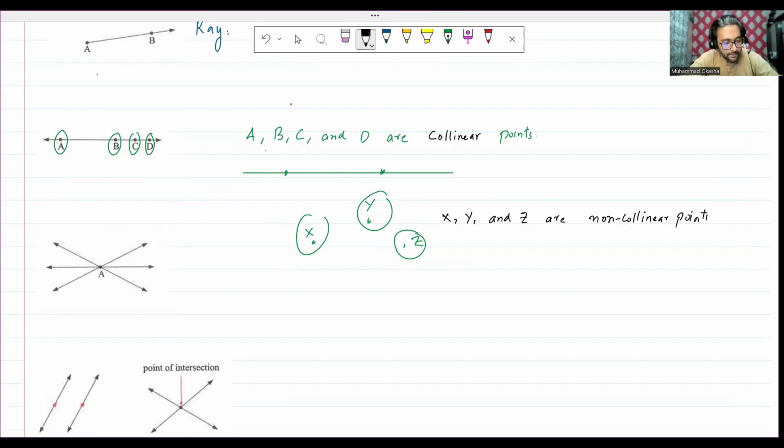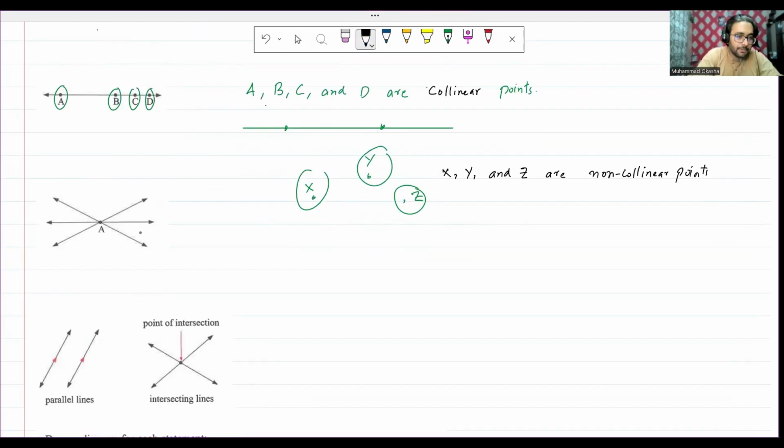Next we have, I hope you see these three lines. I'll call them line L1, L2, L3. Now all of these three lines have something in common, and that is they pass through this common point.